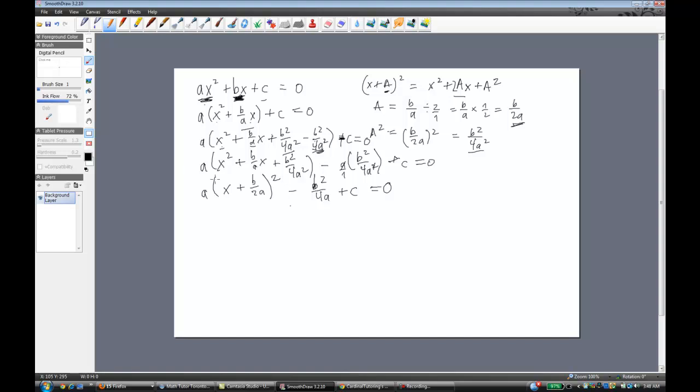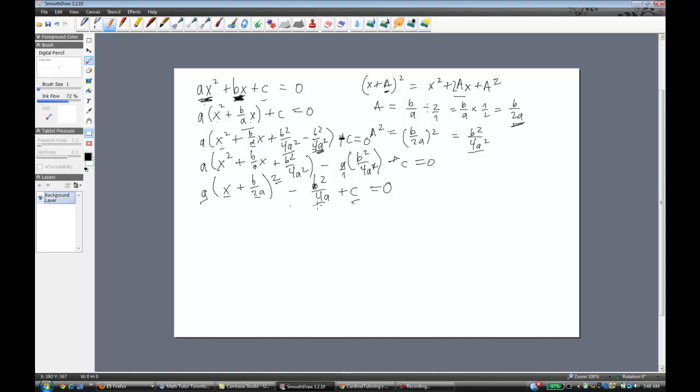So what you notice is that what happens to x is that b over 2a is added to x, and then the resulting sum is squared, and then the resulting square is multiplied by a, and then from that is subtracted b squared over 4a, and then c is added.